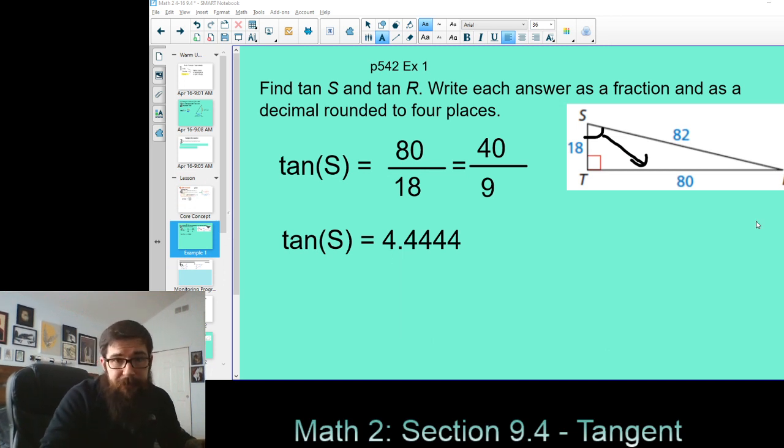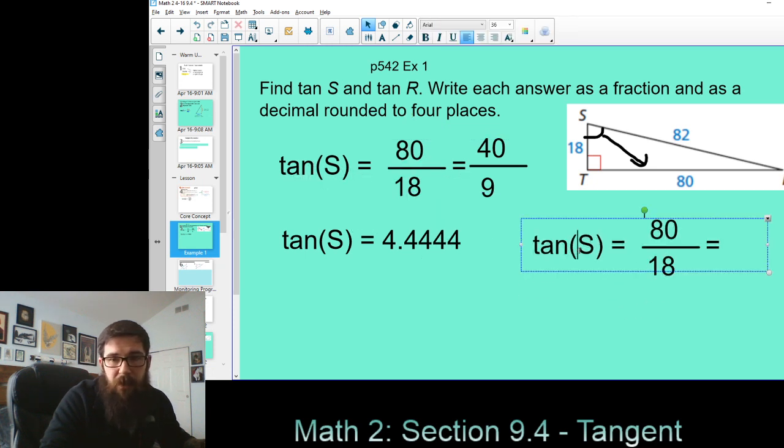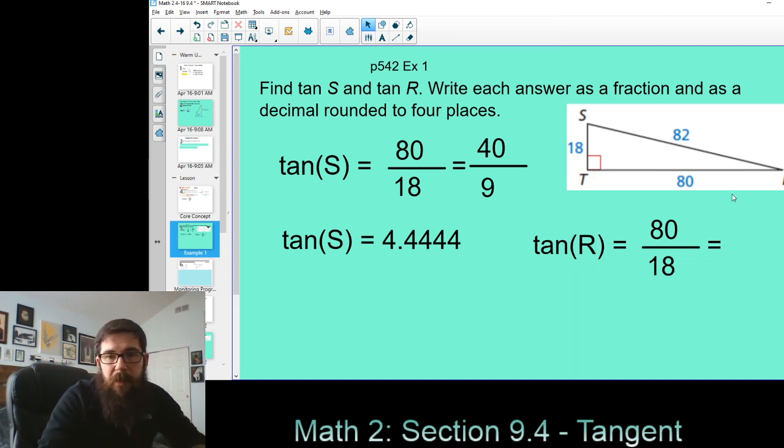That's tangent of S. If I now ask for tangent of R, here's how it's going to look. I'm going to copy some of this first part and just modify some of these. Tangent of R is going to change the order that we're approaching this in. R is now this bottom right angle, so what side is opposite from R?